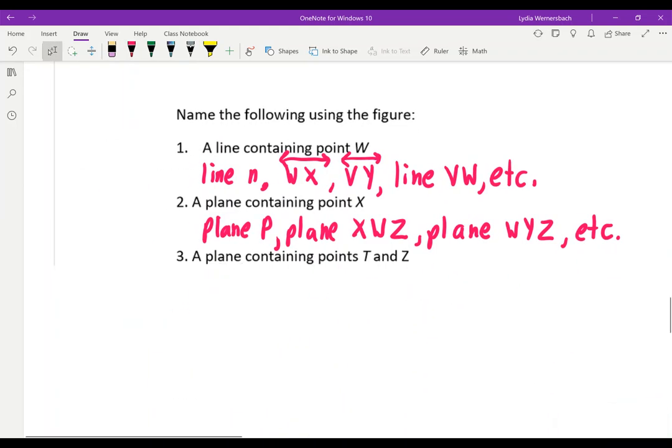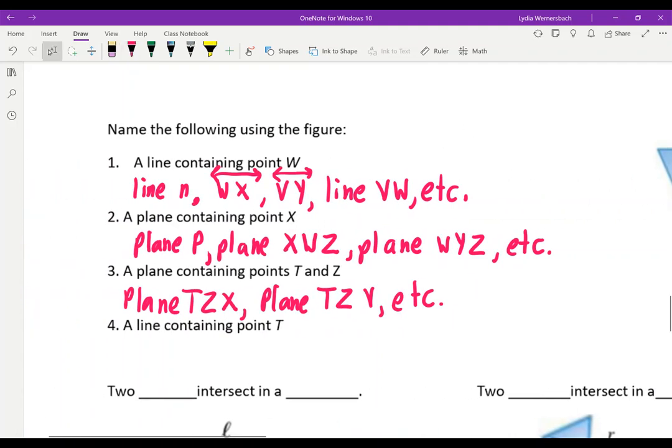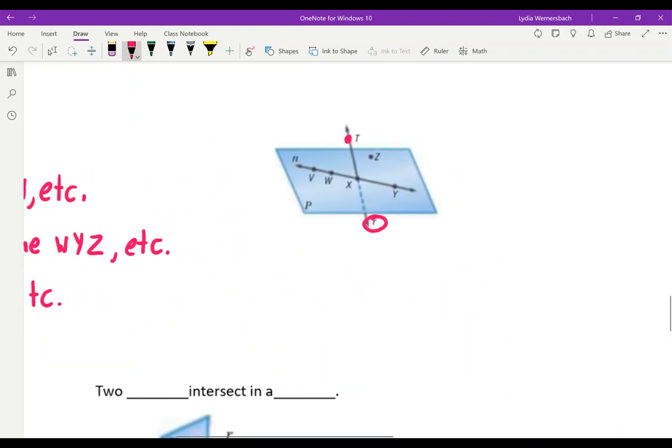And then lastly, we have a line containing point T. So here we have point T. Again, we have a couple of options for naming. We see this little lowercase r down here with no point connected to it. That is referencing that line. So we can call this line R. And this line has a few less options. So we could say TX if we wanted, because those are going through the same line.